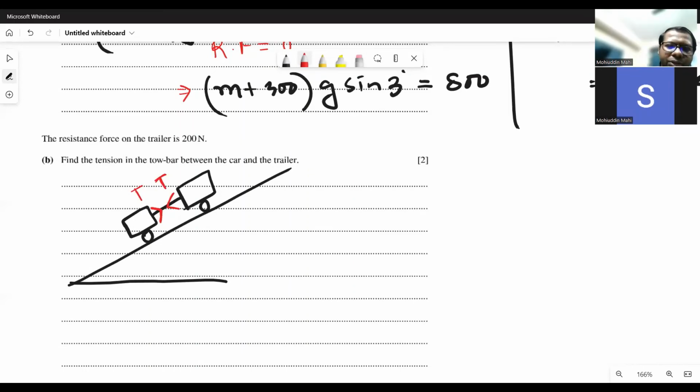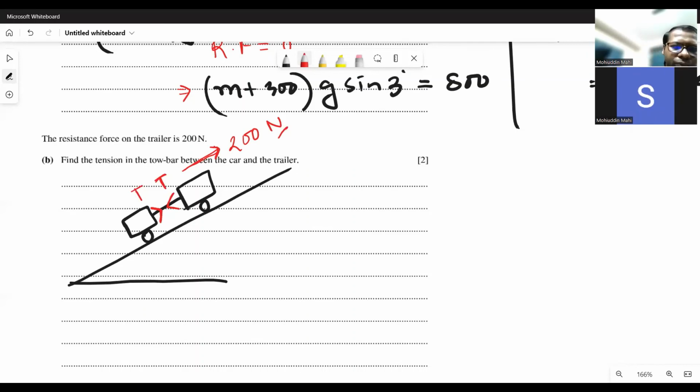Only on the trailer, the resistive force is 200 Newton. So we have to find the tension. On the trailer, in the upward direction, the resistive force of 200 Newton is acting, and in the downward direction, tension is acting.